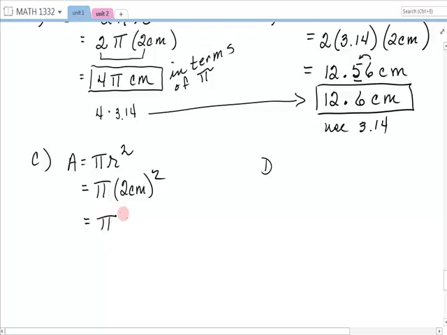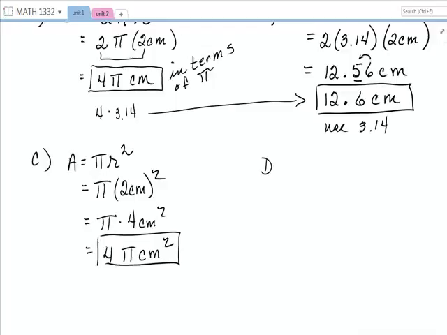That's pi times 4 centimeters squared. I'm going to put the 4 in front. It's 4 pi centimeters squared. The only reason that the number in part A is the same as the number in part C is because 2 times 2 is 4, and 2 squared is also 4. These two will not normally be the same number.